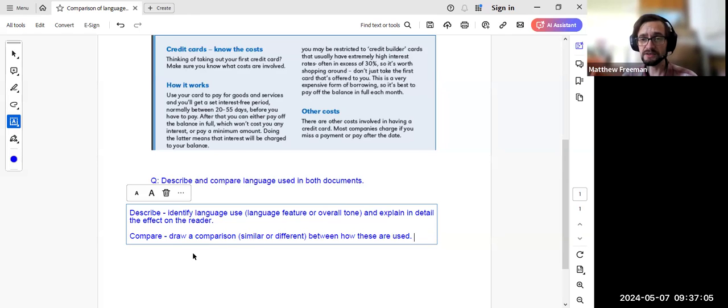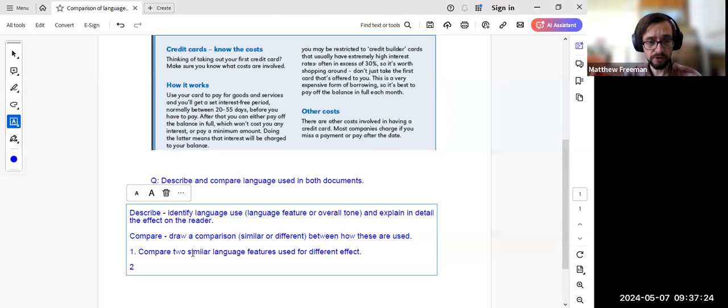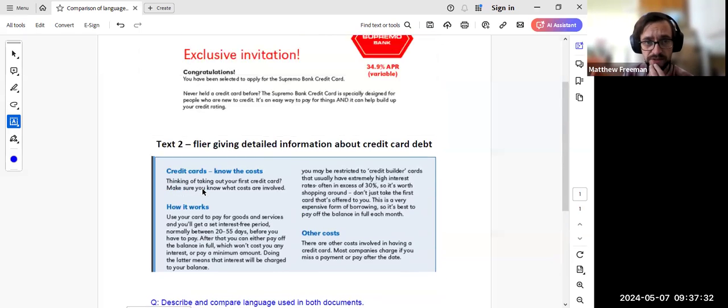So you could compare two similar language features used for different effects, or you could compare two different language features. So to talk you through this, this is broadly speaking what it might look like.